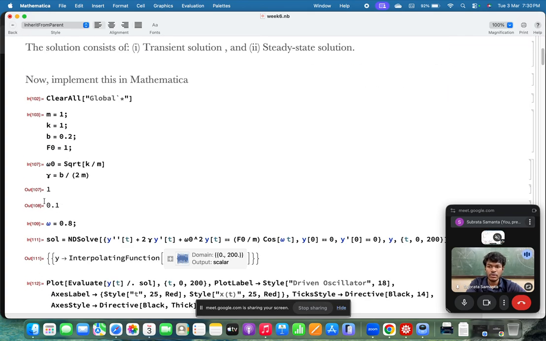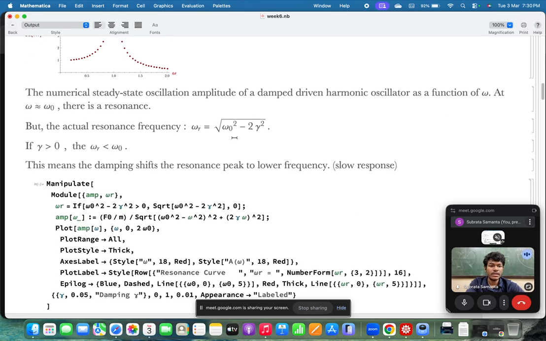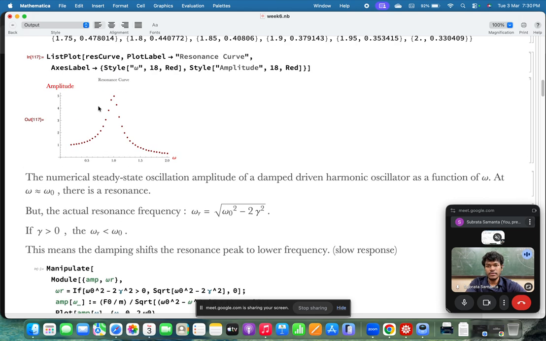If you calculate gamma squared, this is again very small, 0.01, and times 2, so you just subtract a very small number from omega naught, which is almost omega naught. That is why your resonance frequency seems close to omega naught, but it is actually not.